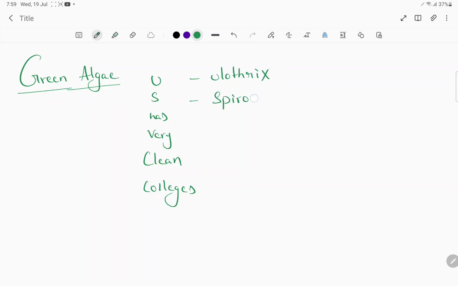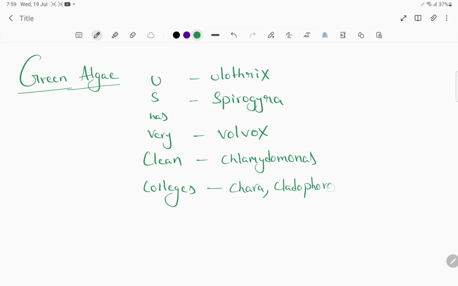S for Spirogyra. V for Volvox. C for Chlamydomonas, Chara, Cladophora, Chlorella. And this for Spirulina. So how to use these examples?